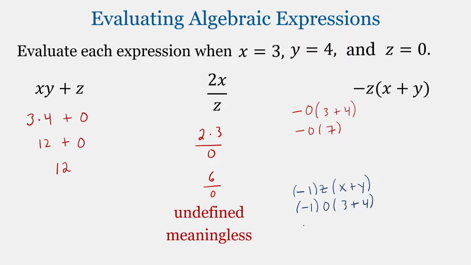And then using PEMDAS, we're going to have negative 1 times 0 times 7. And then negative 1 times 0 is 0. We have 0 times 7. And then anything times 0 is 0. So 0 times 7 is 0. Again, this is the same thing we have here. So we can view this negative 0 as negative 1 times 0 times 7. And again, that will give us 0.